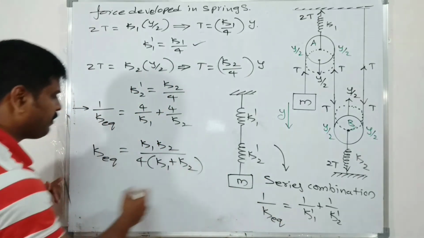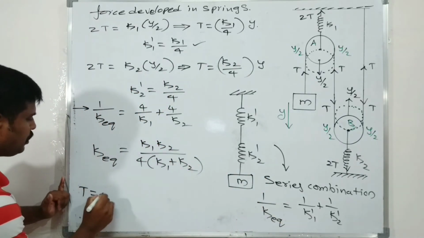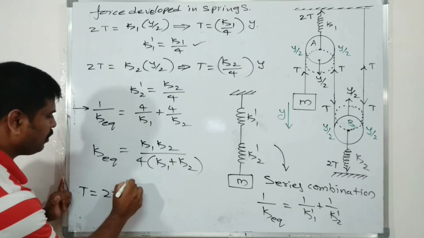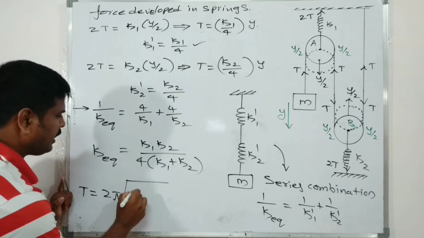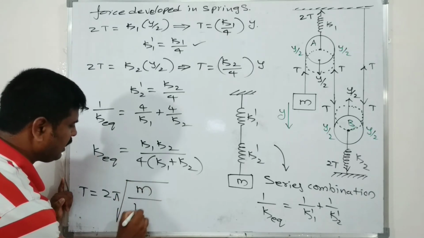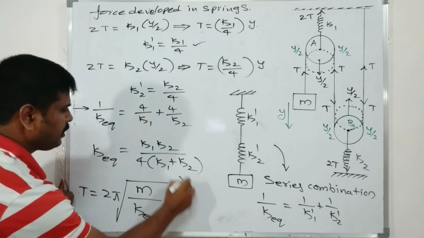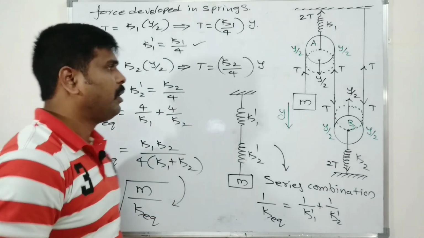What is the time period formula? T is equal to 2 pi root over M divided by K equivalent. Here the K equivalent value we have to replace.